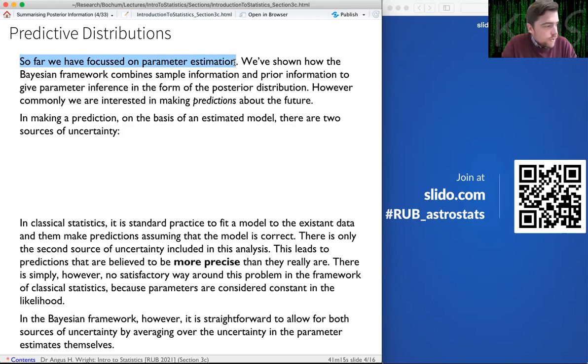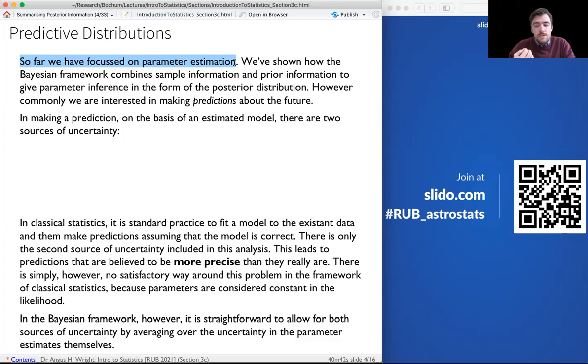But in many applications, what we're actually interested in is not knowing the value of theta specifically, but rather in being able to make some sort of prediction about what's going to happen if we take future data. And that prediction is one of the main mechanisms of doing inference that we discussed a few lectures ago.